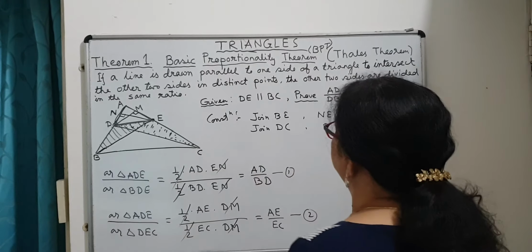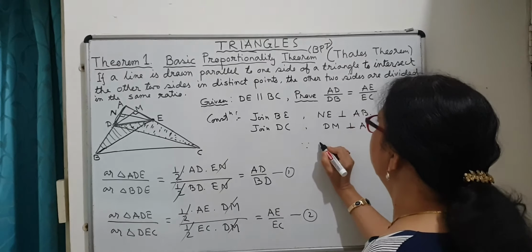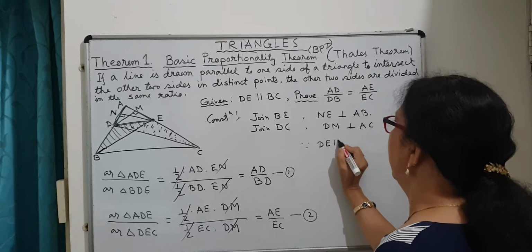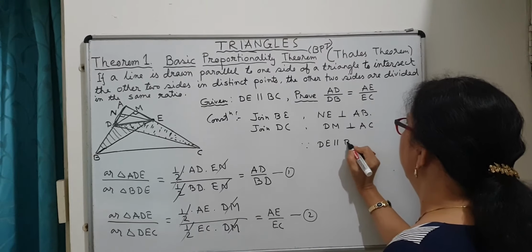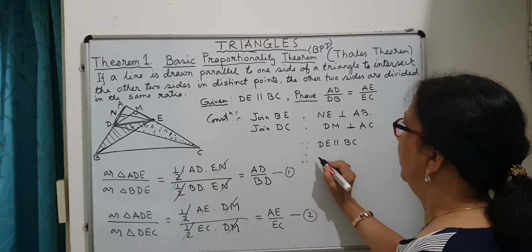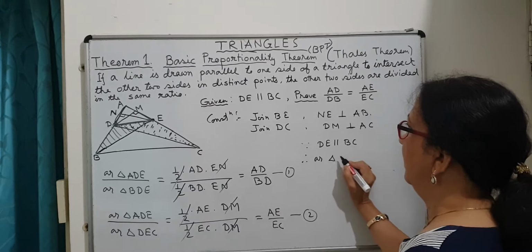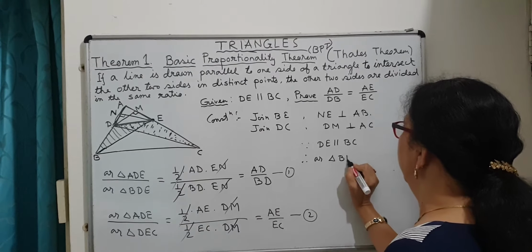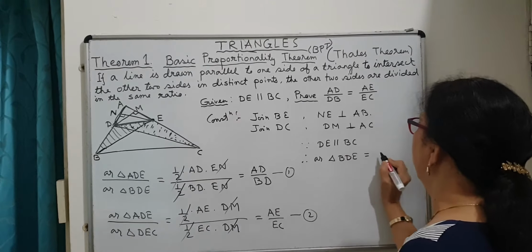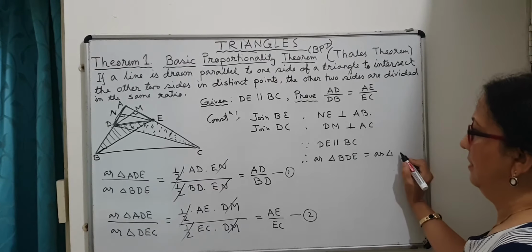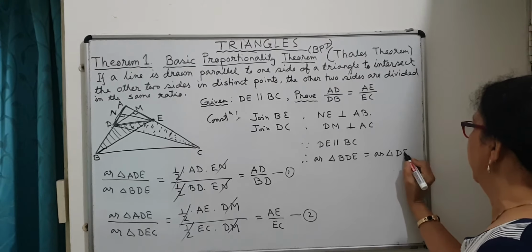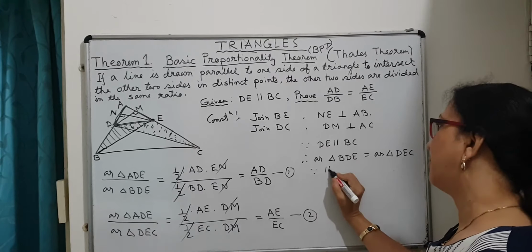So we can write, since DE is parallel to BC, therefore area of triangle BDE will be equal to area of triangle DEC, since they have common base.